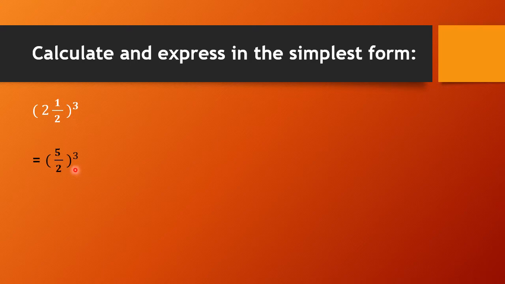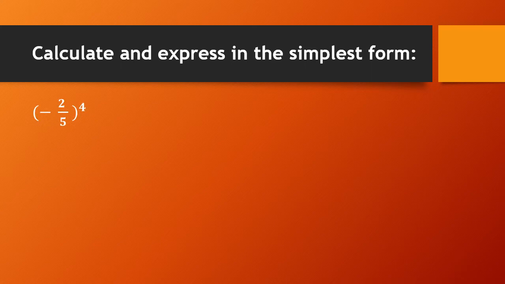After that, we will distribute the power among the numerator and the denominator. It will be 5 power 3 over 2 power 3. 5 power 3 is 125 over 2 power 3 is 8.